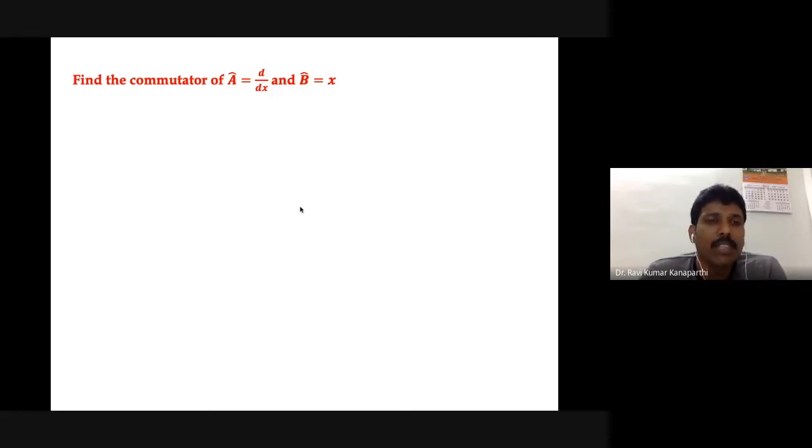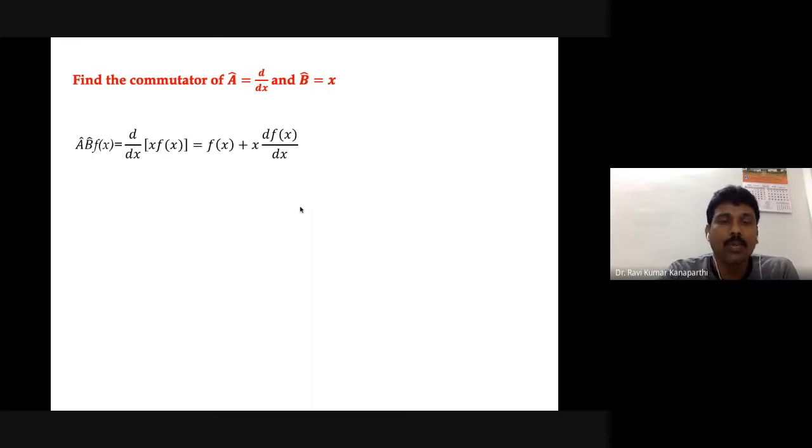Let me take an example to explain what exactly this is. Let us consider two operators: d by dx is my operator A, and x is my operator B. Now I want to find the commutator. Why am I finding it?